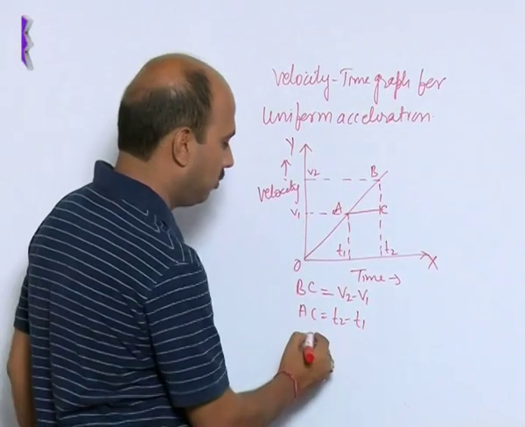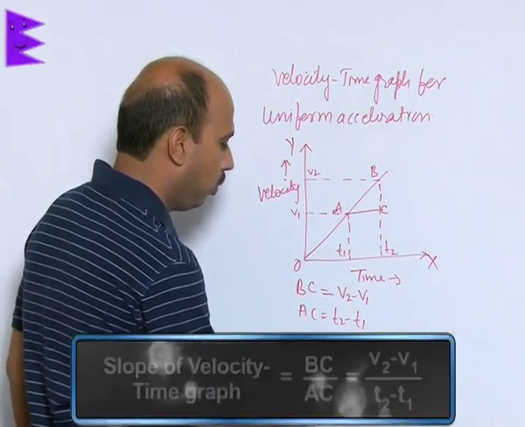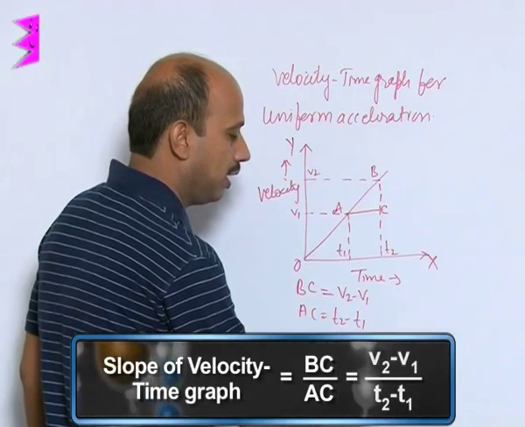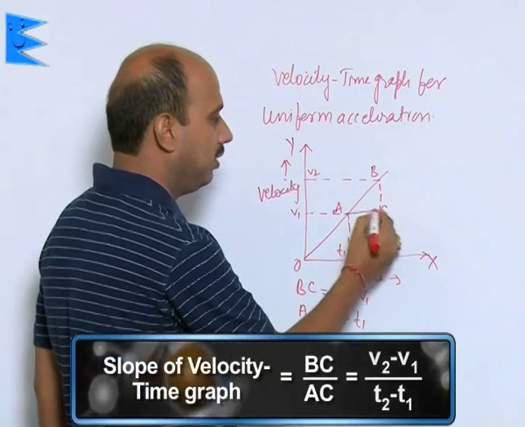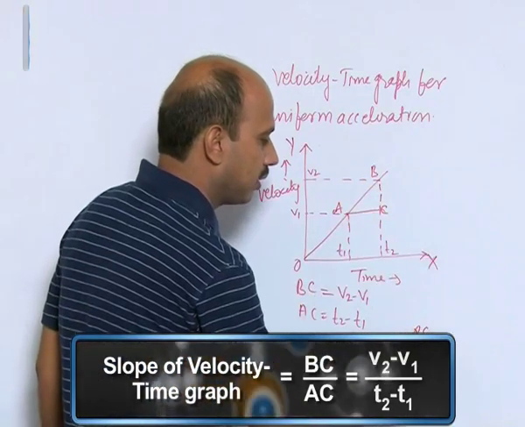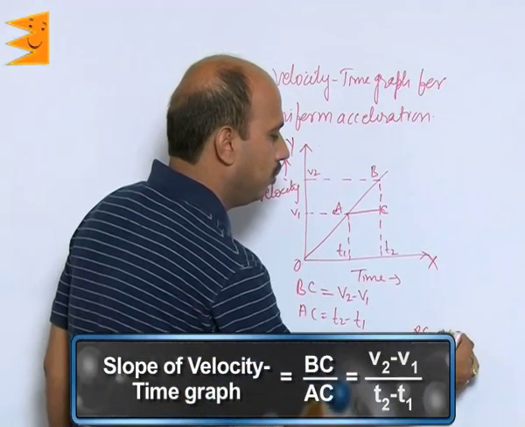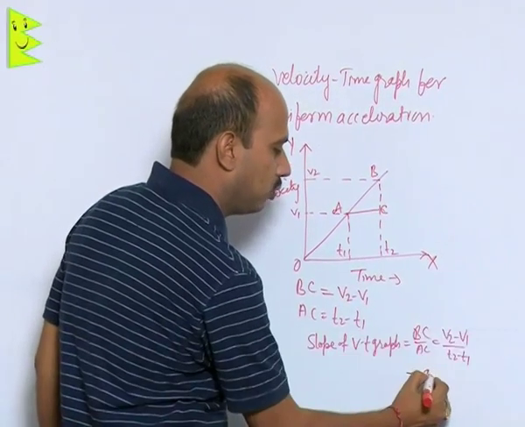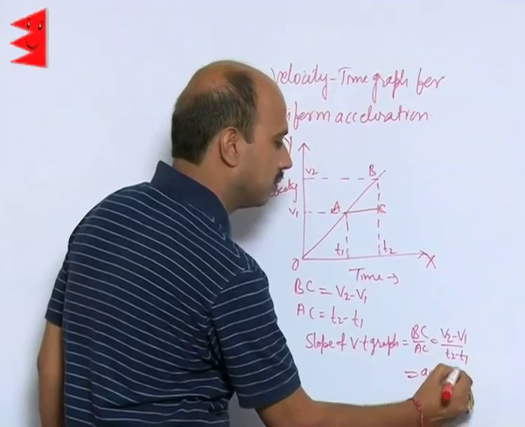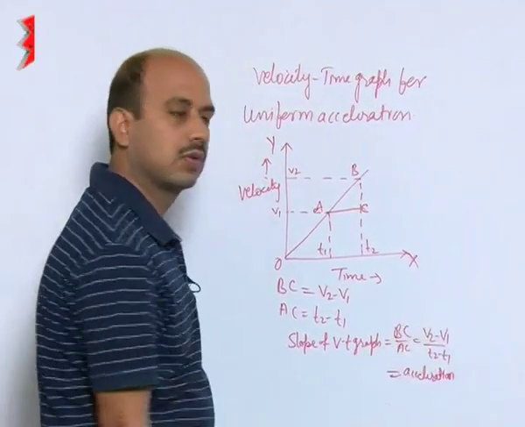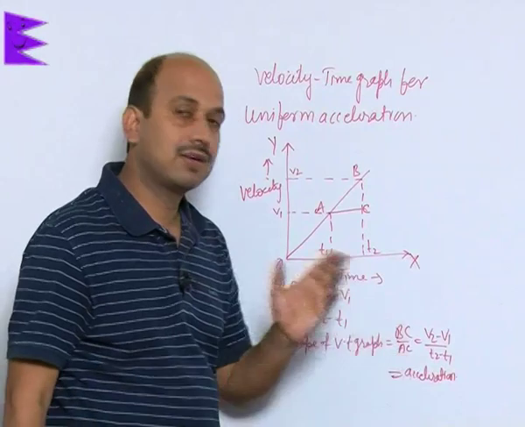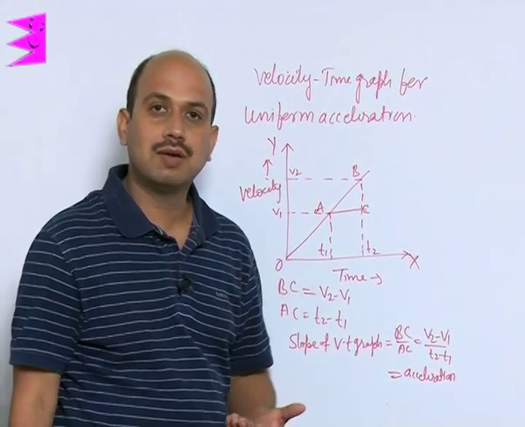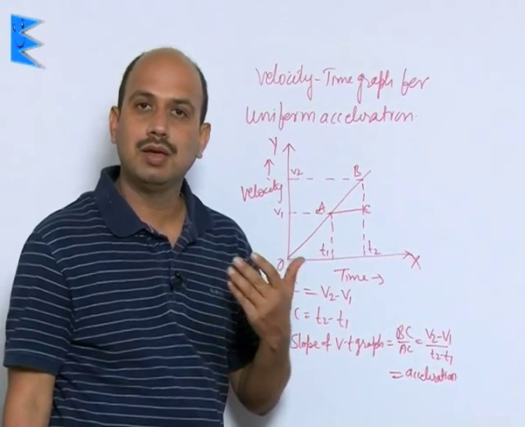Now we can calculate slope. Slope of VT graph, that means velocity time graph, is equal to BC upon AC, that is equal to V2 minus V1 upon T2 minus T1. We can say that is called acceleration. So when the body has acceleration, motion is actually non-uniform because distance traveled in equal intervals of time will be different.